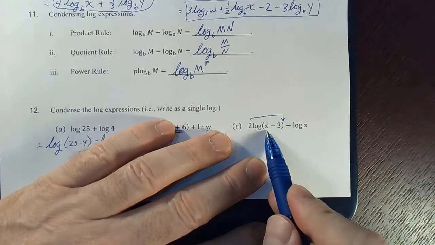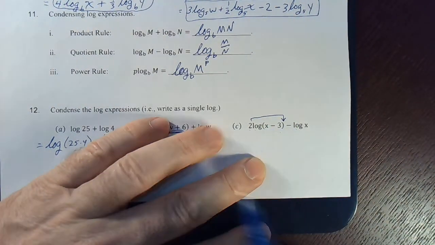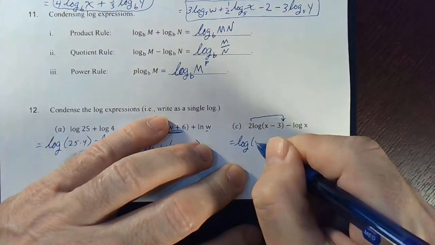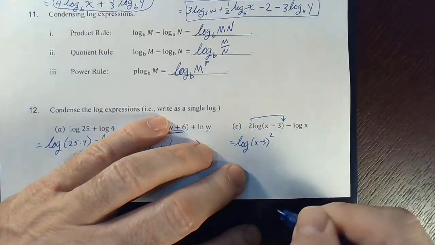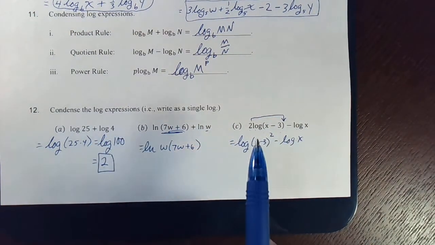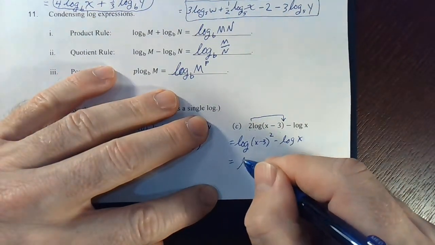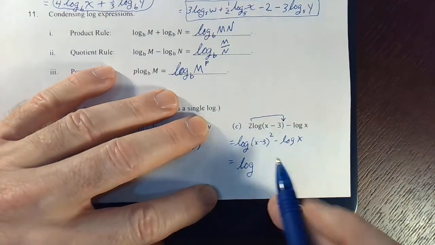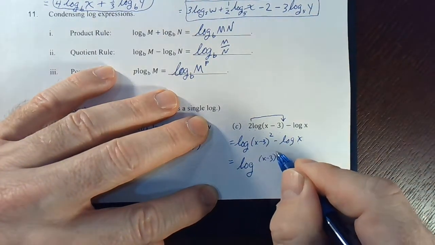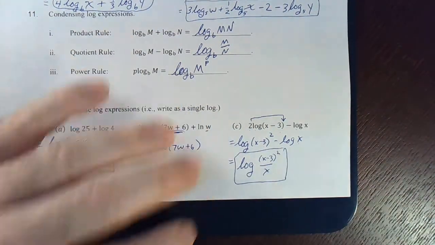And then we'll have log minus log, and we can use the quotient rule. So we first do log of x minus 3 in parentheses squared minus log x. Now we have log minus log, which is equal to log of this over that. Log of x minus 3 squared over x. And that's condensed.